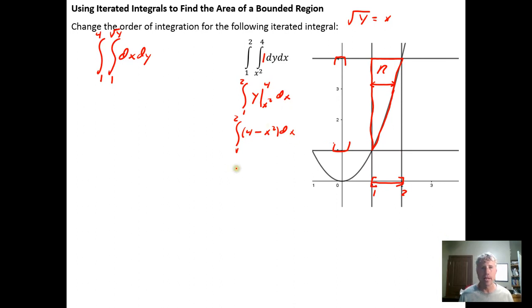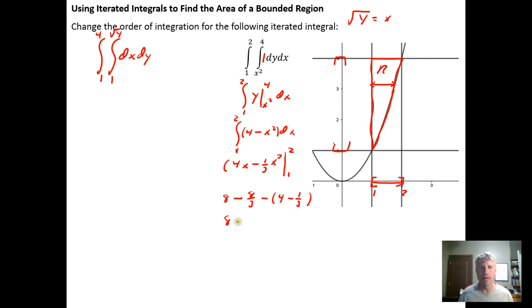Integrate with respect to x, so we get 4x minus 1/3 x cubed, from 1 to 2. Plug in our upper bound of integration, so we get 4 times 2 is 8, minus 1/3 times 2 cubed, which is 8/3, minus, plug in the lower bound of integration, 4 times 1 is 4, minus 1/3 times 1 cubed is just 1/3.